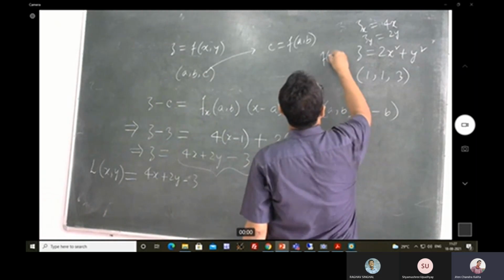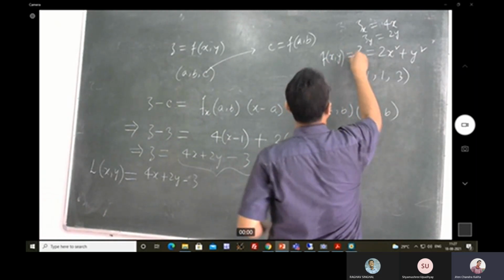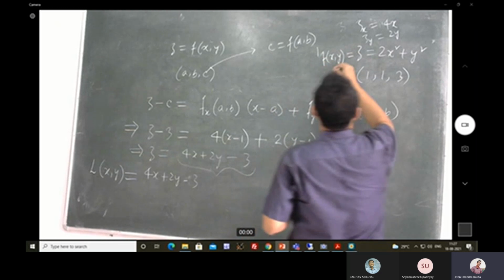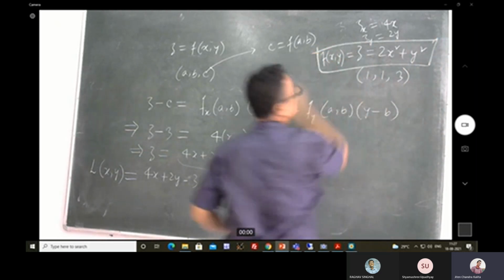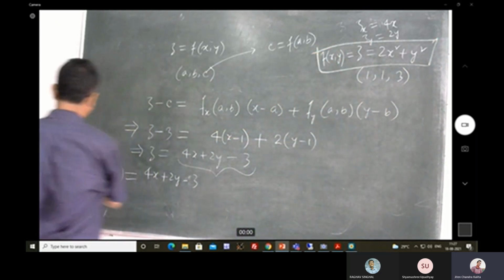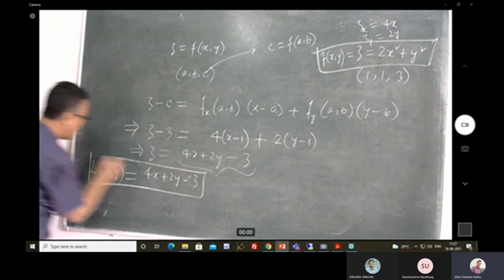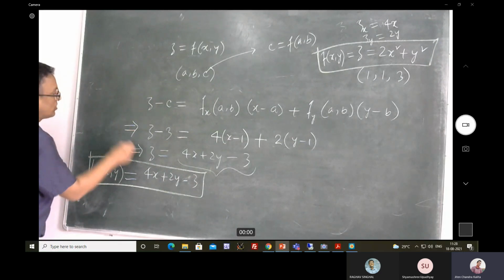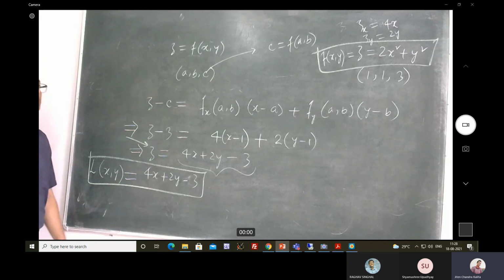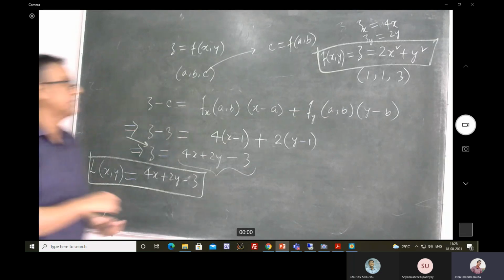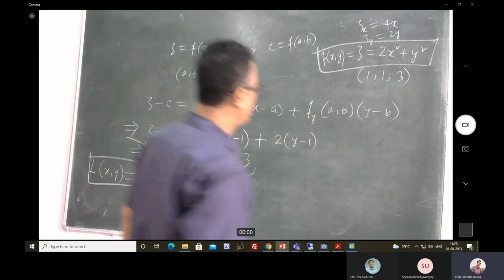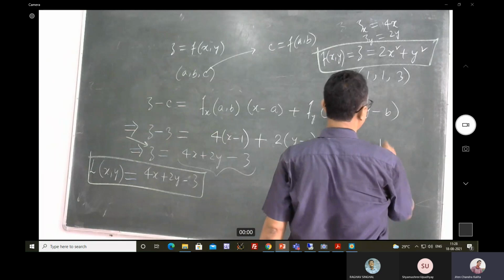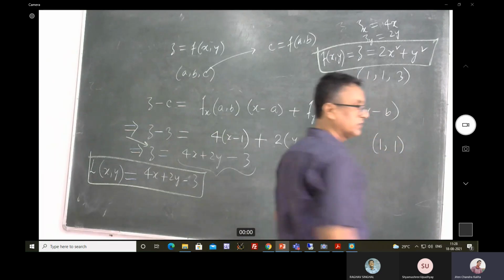So now what is happening? I have one original function given by this, and I have extracted another function out of that original function through the equation of the tangent plane. Okay, fine.